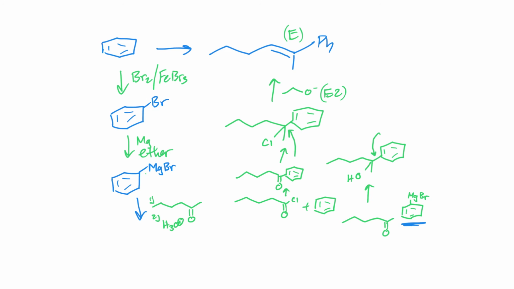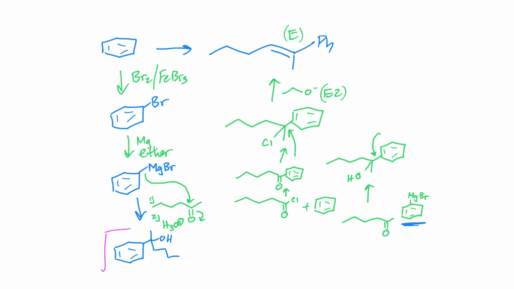And of course, you remember the Grignard mechanism goes something like that. I'm not going to draw the whole thing out for you, but you can certainly do that on your own. So now I have my 2 carbons, 3, 4, 5, 6, and that is going to be the same.